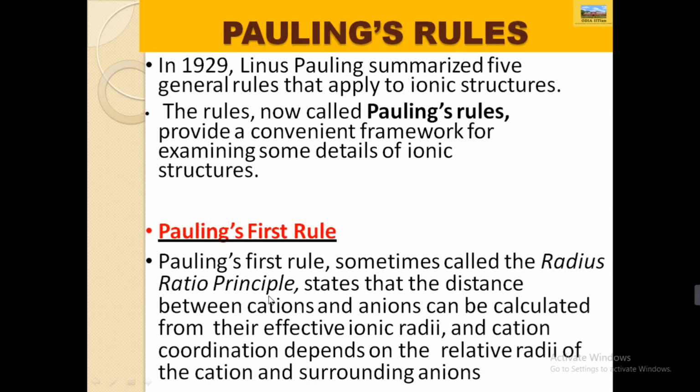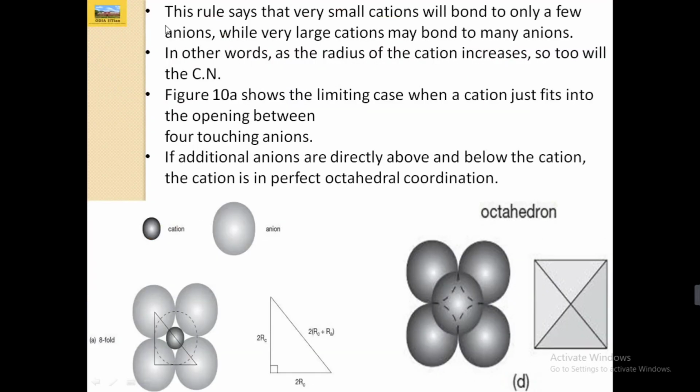According to Pauling's first rule, we can also determine the coordination number from the radius ratio. Similarly, this rule says that a very small cation will bond to only a few anions, while a very large cation may bond to many anions.